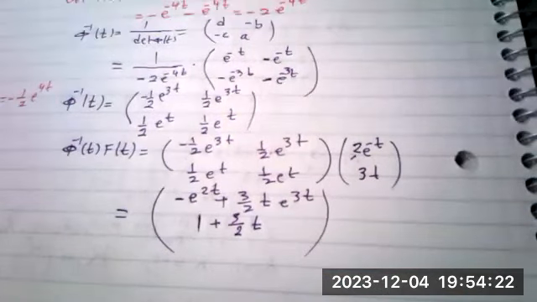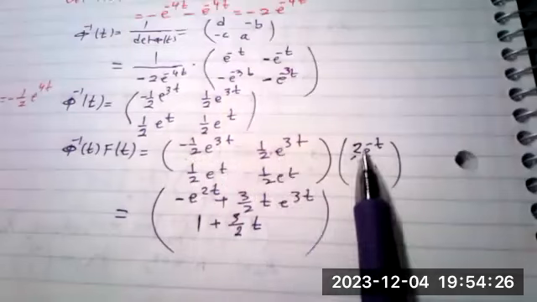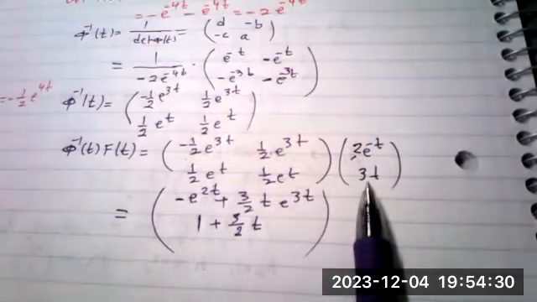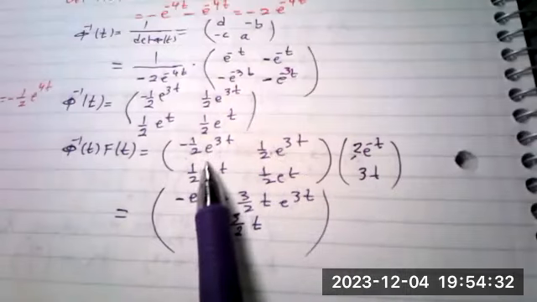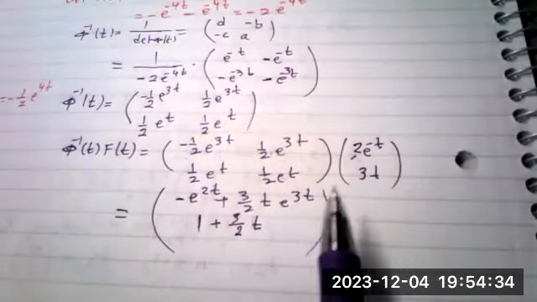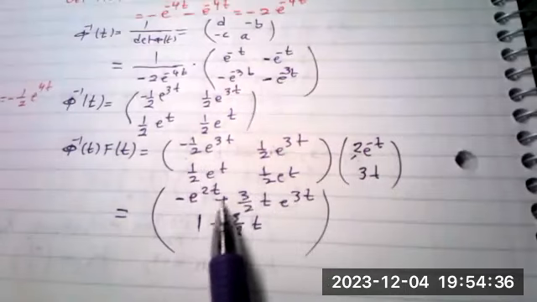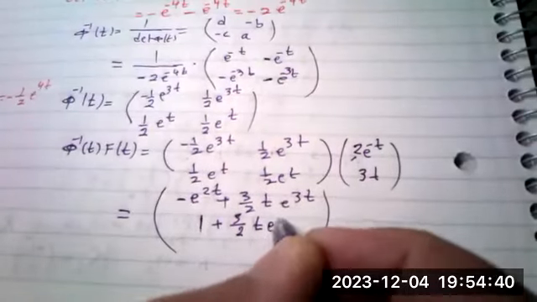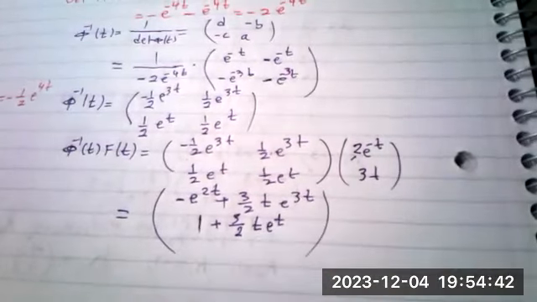When you multiply, it's like a dot product. Which one? On the second one, 3/2 t, e to the t. Yes, you are right.